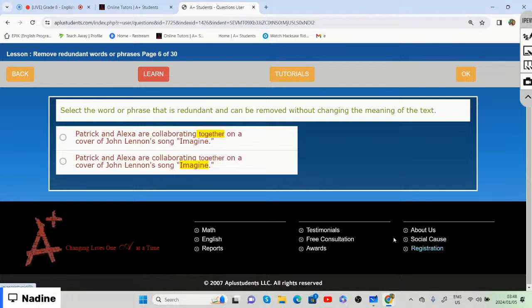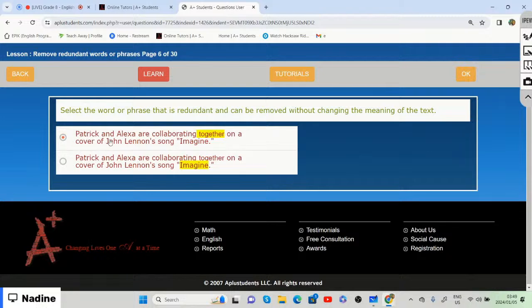So basically, the word that means the same or almost the same as collaborating is together, right? Because if they are working on a song with Lennon's cover, they are working together. They're collaborating together. So if we remove the word together, then that sentence is still going to make sense.